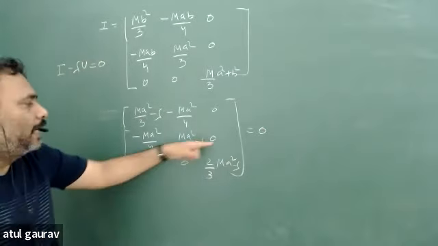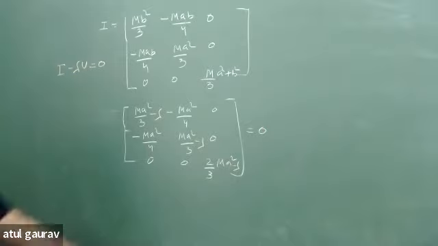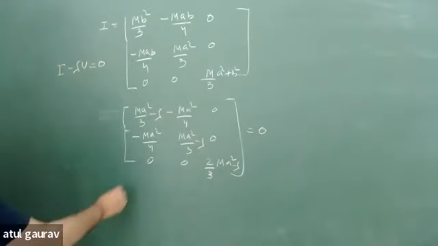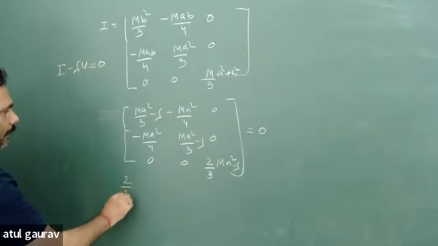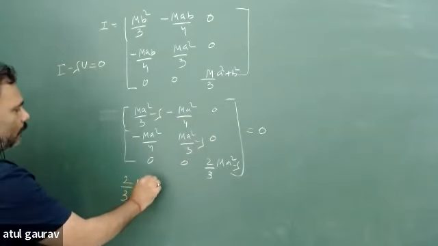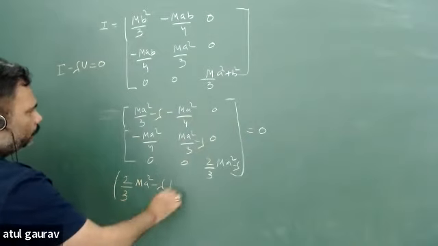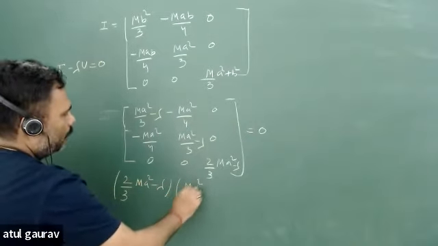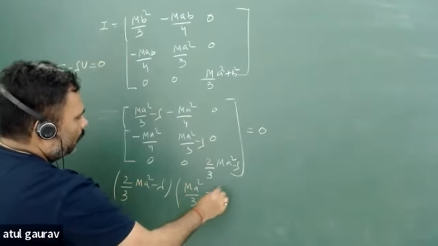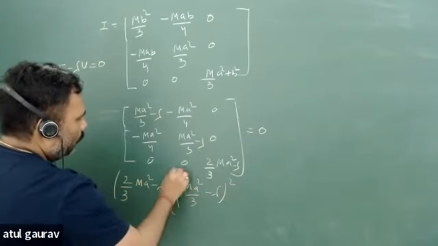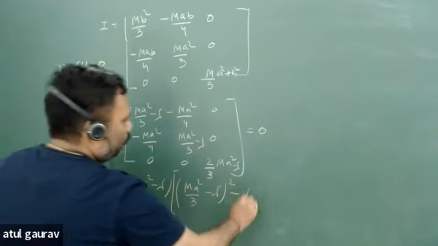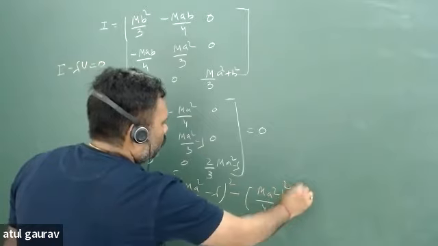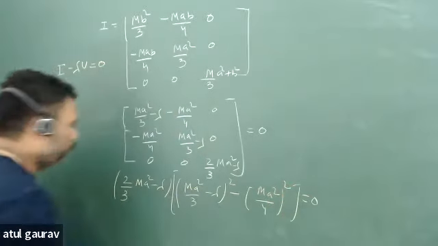And I can expand this about this point. So what you will have is 2/3 ma square minus lambda, and here you can easily go for ma square by 3 minus lambda whole square minus ma square by 4 whole square, that must be equal to 0.